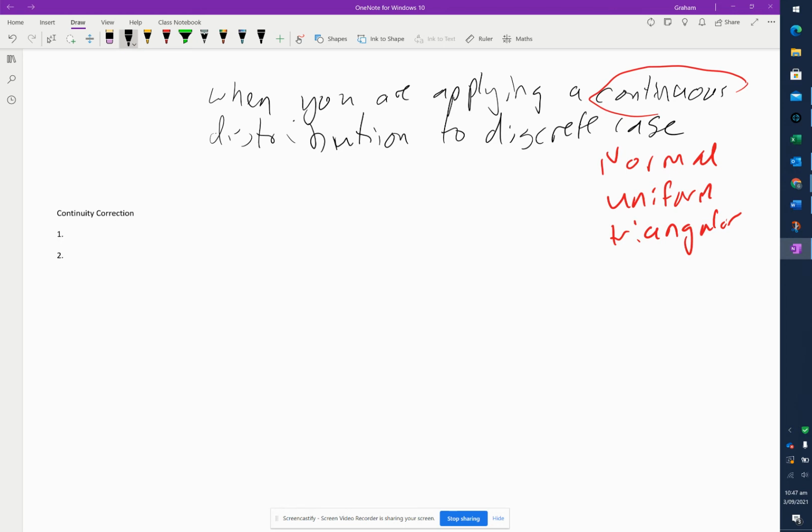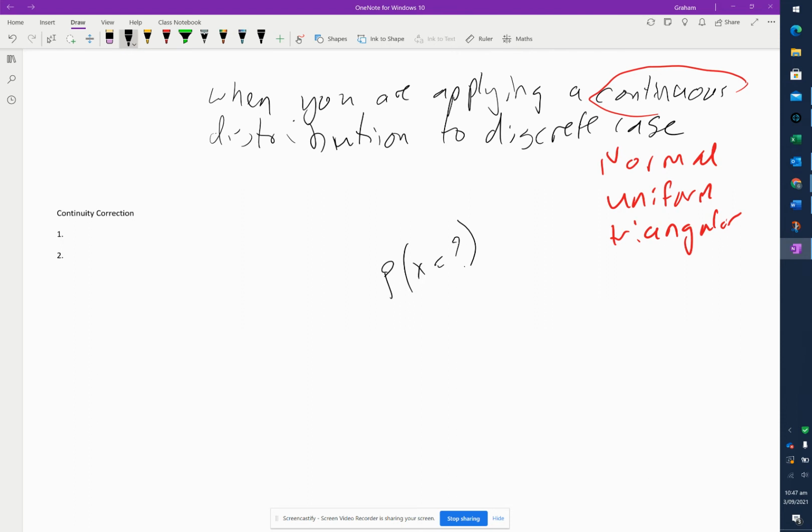But this is about what happens if I'm going to try and approximate using a normal, a uniform, or triangular distribution, and I'm asked to work out the probability of exactly a number. So let's say we could work out the probability of exactly getting 7 when we've got a mean of 5 and a standard deviation of 2.